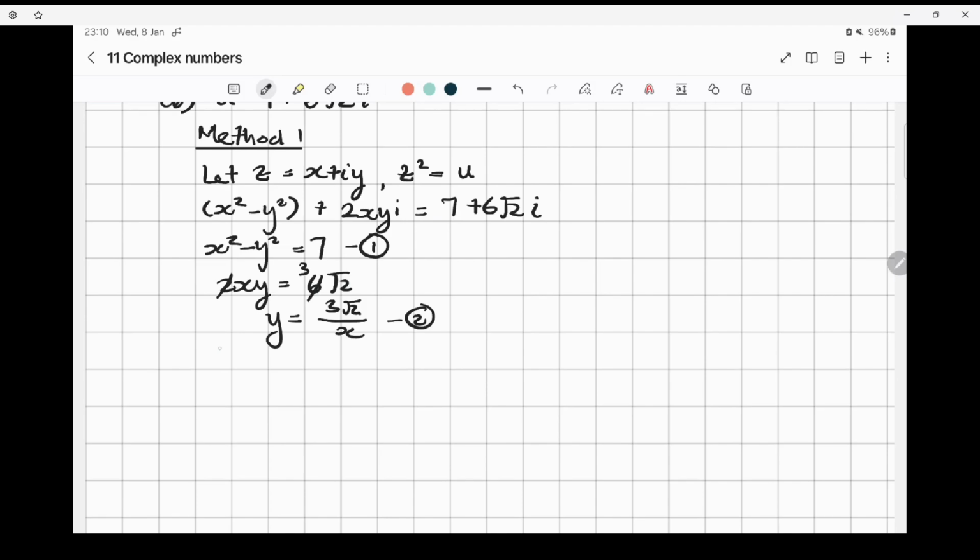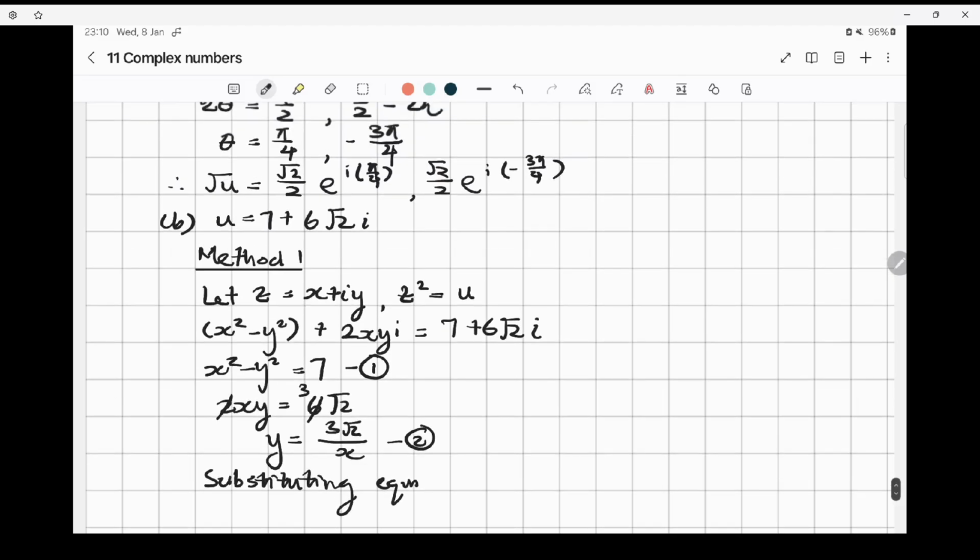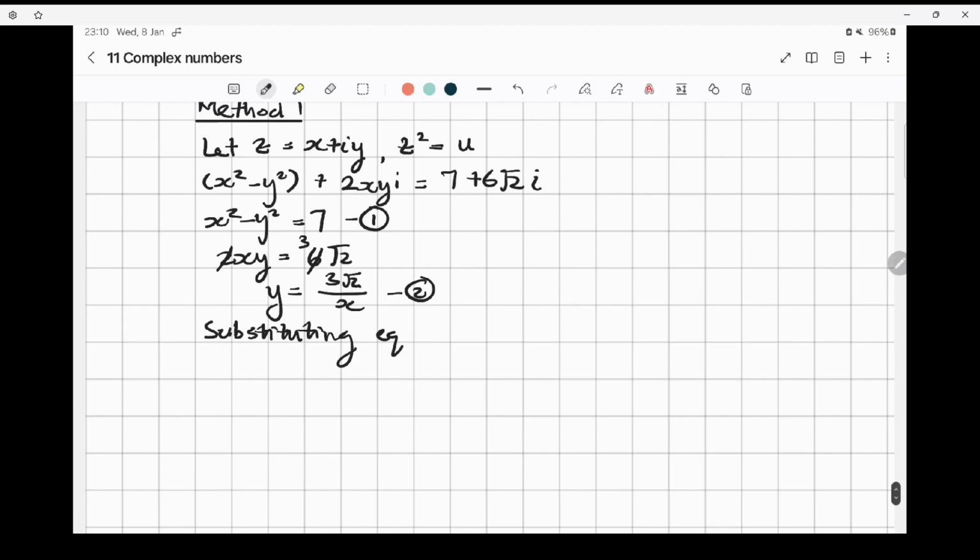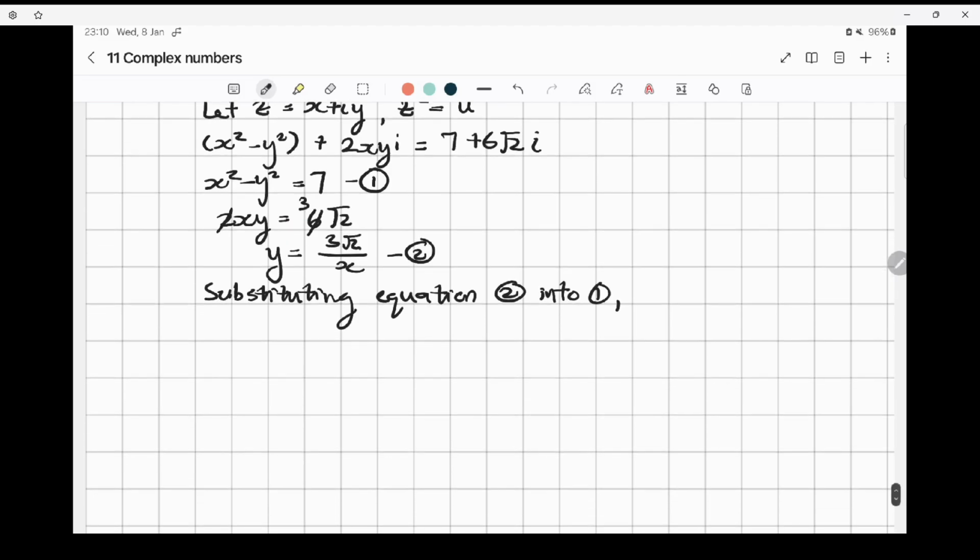So now substituting equation 2 into 1. What you would get is x squared minus 18 over x squared equals 7.